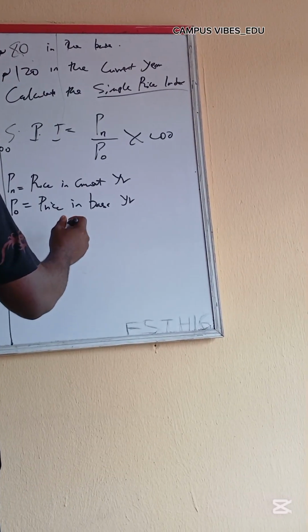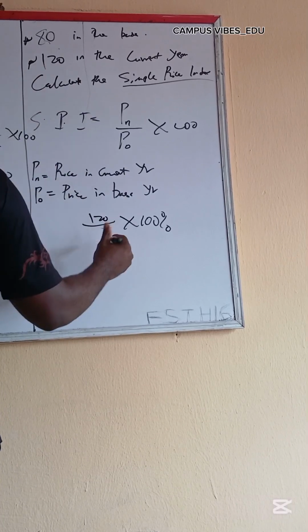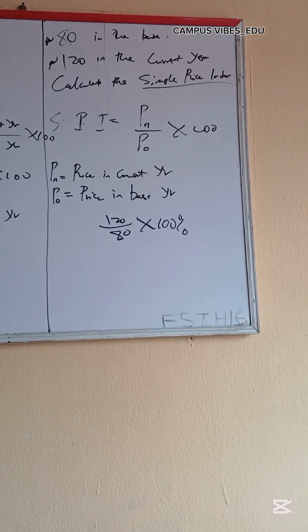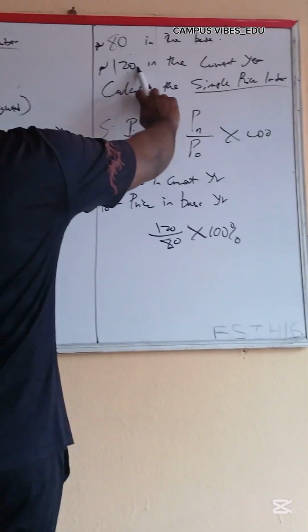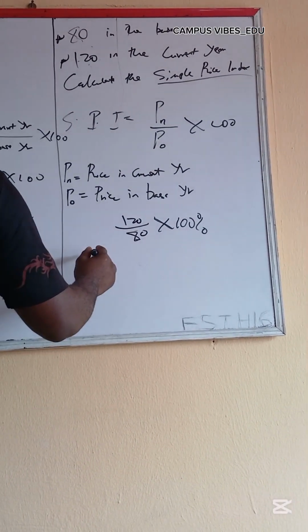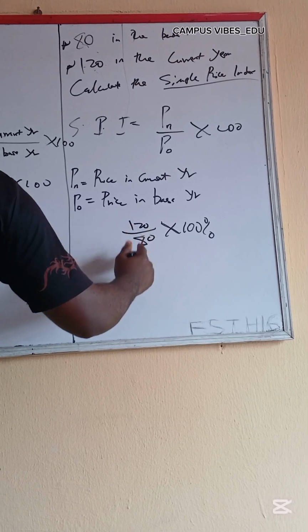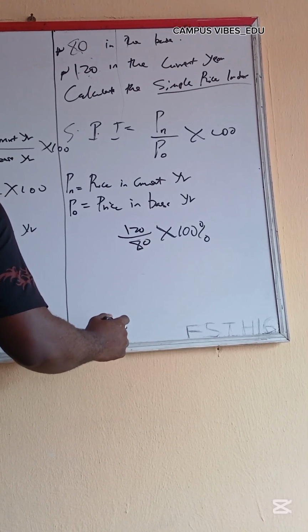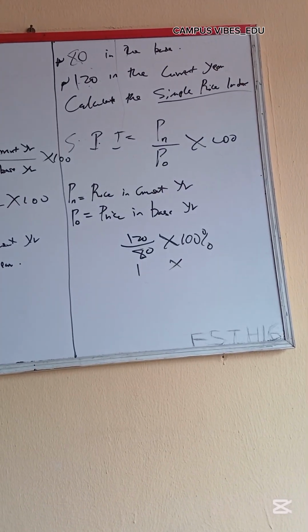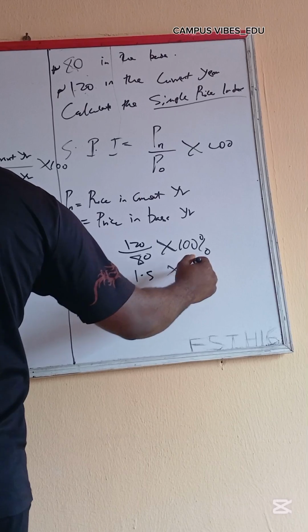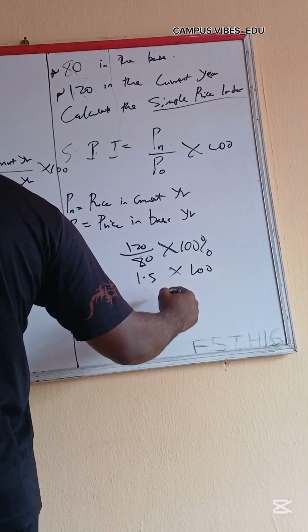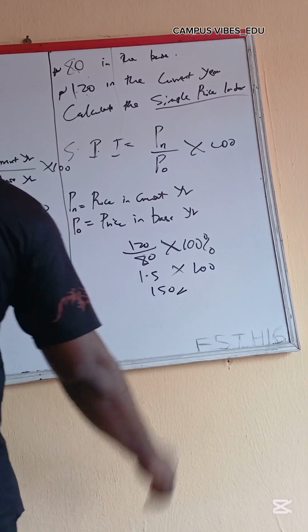So we'll have 120 over 80 times 100, because the current year price is 120. 120 over 80 is 1.5. 1.5 times 100 is 150.